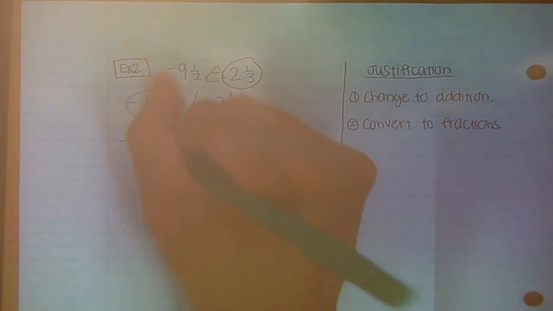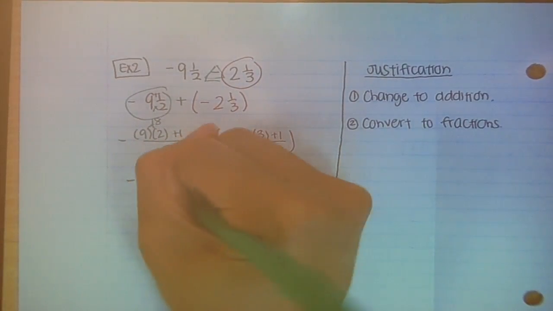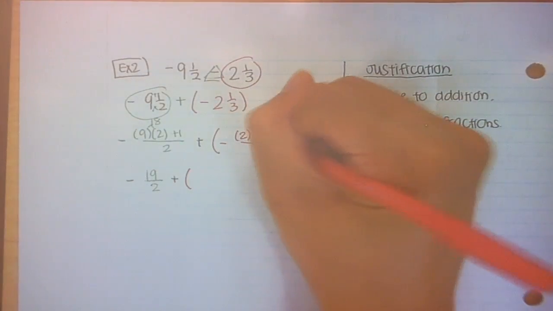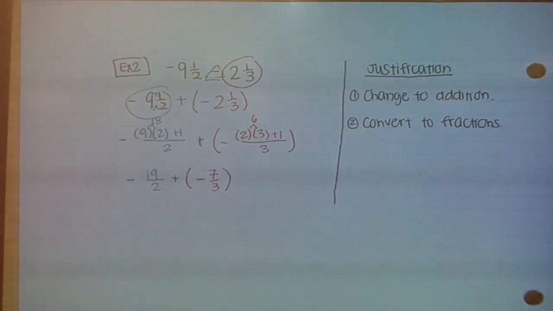So I get 9 times 2 is 18 plus 1 is 19. It's still negative. Negative 19 over 2 plus, this is 2 times 3 is 6 plus 1 is 7. Negative 7 over 3. So make sure you don't lose the signs when you are changing to improper fractions.